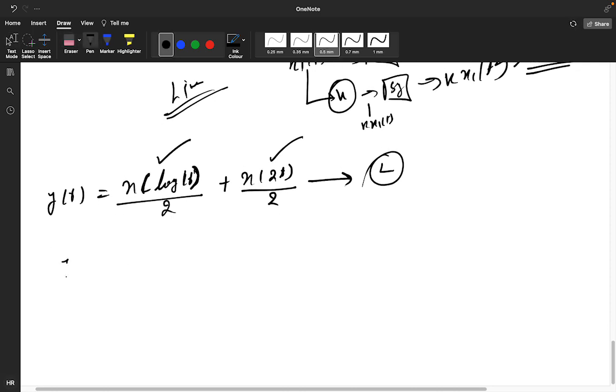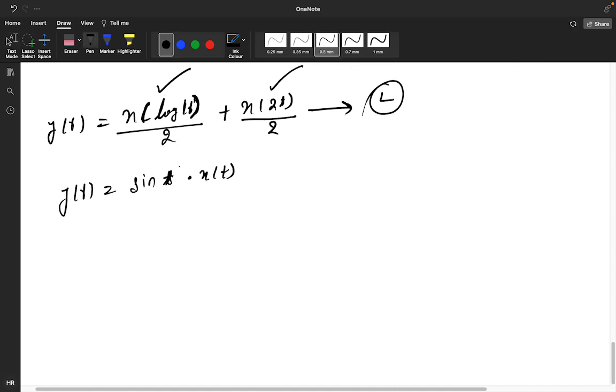Like you have y of t is equal to sine t into x of t. So this can be linear or non-linear. Check it.